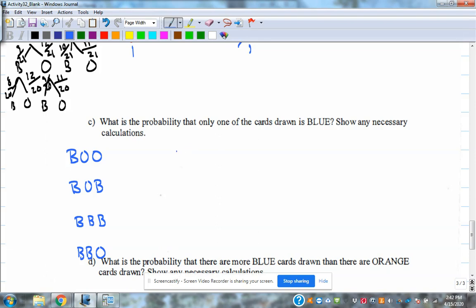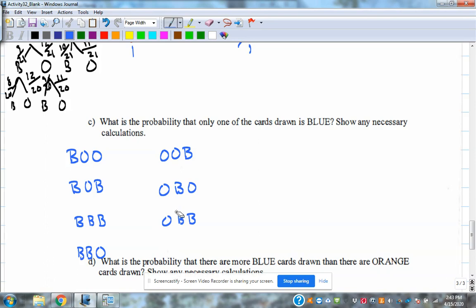But we could also draw cards that are orange, orange, orange, or orange, orange, blue, or orange, blue, orange, or orange, blue, blue.